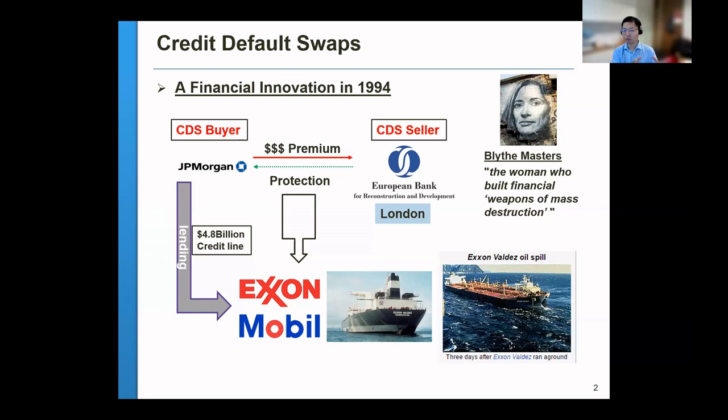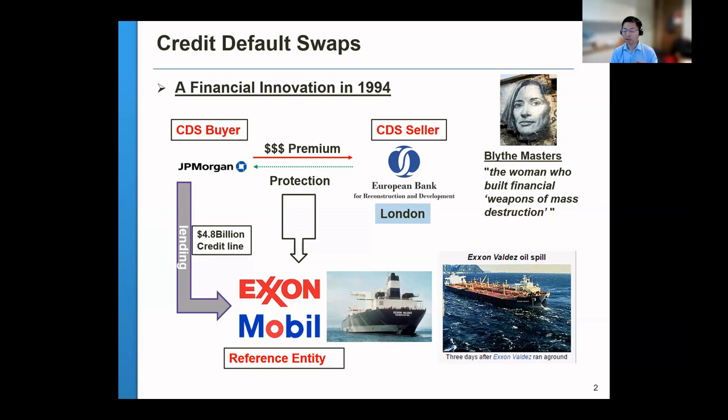We call JP Morgan the CDS buyer and the EBRD the CDS seller. For ExxonMobil, that is the reference entity. That means the CDS buyer and CDS seller are just betting on the default of the reference firm. So that's the basic structure of the CDS.